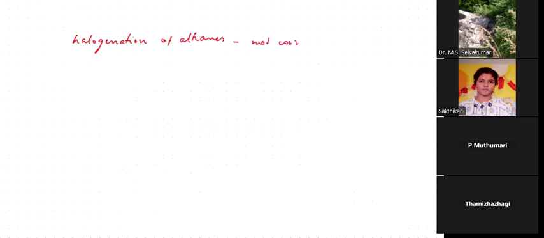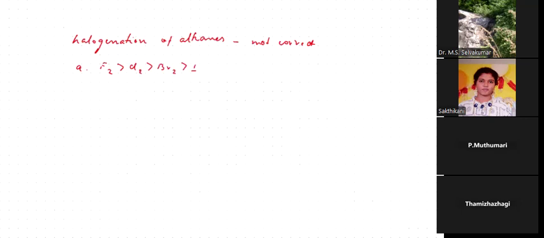So, first statement, the reactivity of halogens is in the order fluorine is the greatest, chlorine next to that, bromine next to that, and then iodine.